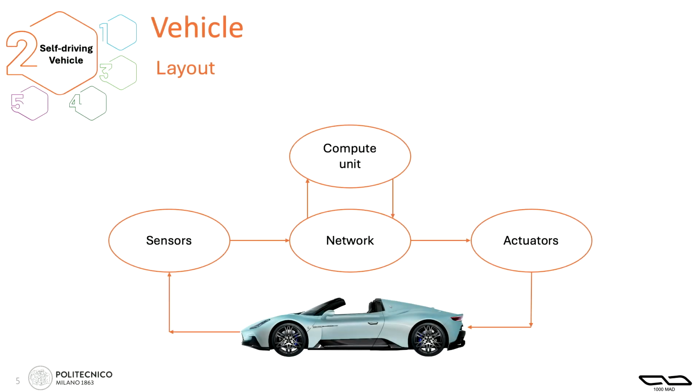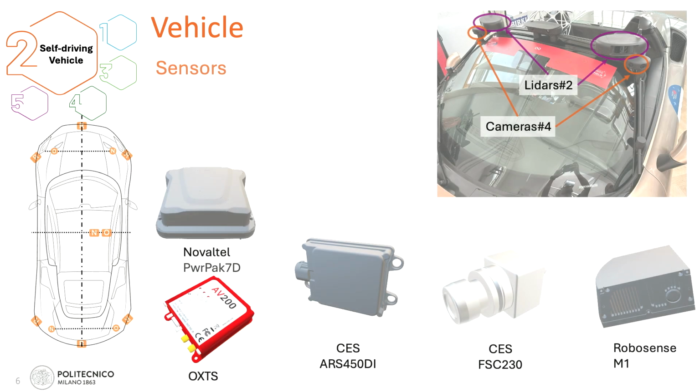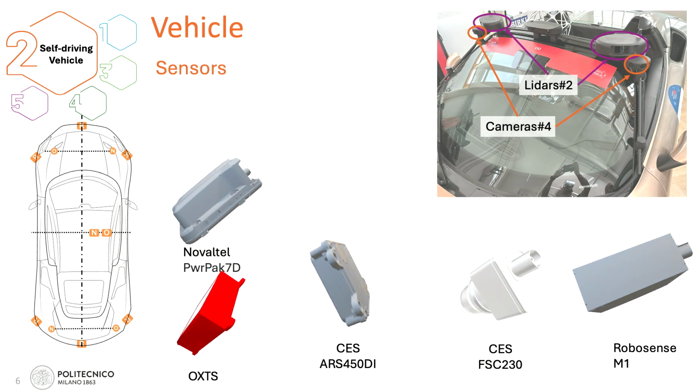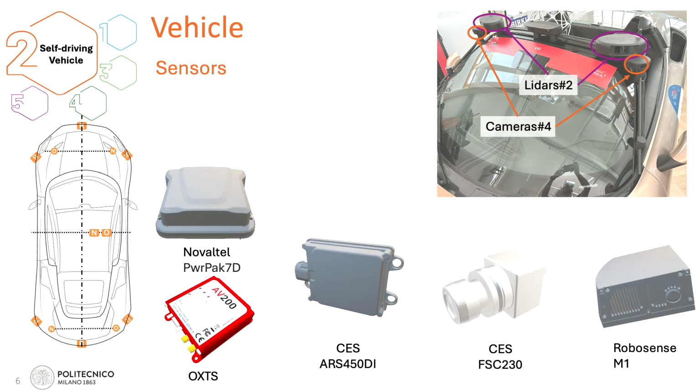The vehicle itself is a self-driving car, and now I'm going to tell you about the 4 macro areas that characterize this vehicle. First of all, we spoke about the sensors. The vehicle has a couple of GPSs, 2 radars, cameras, and LiDARs placed all around, and you can see it in the car outside.